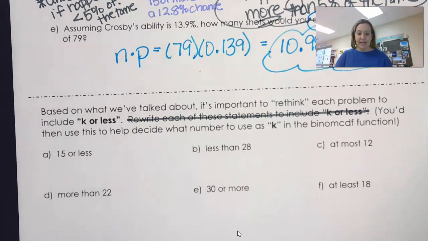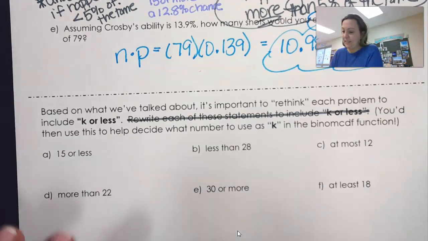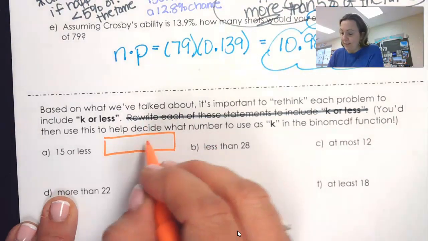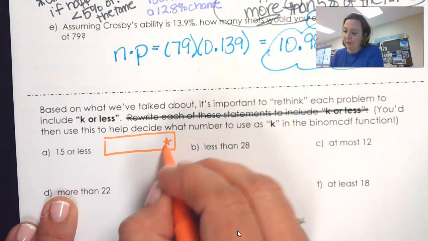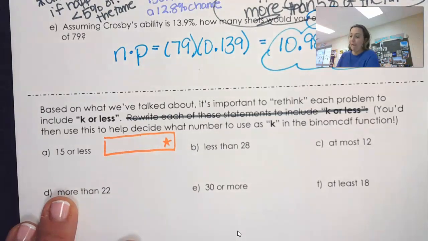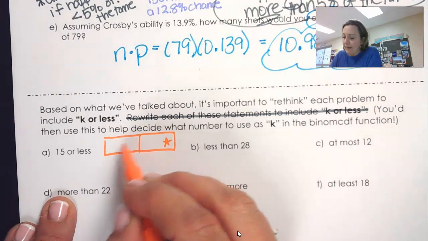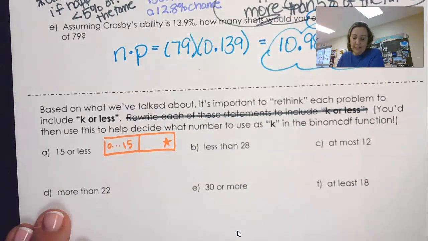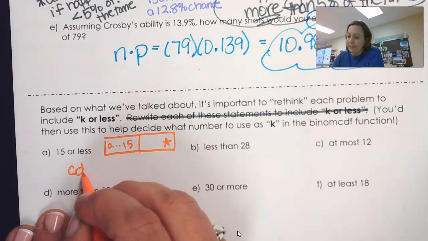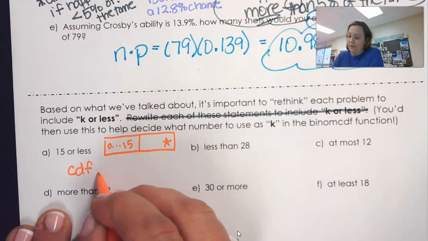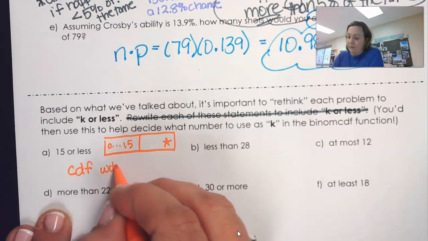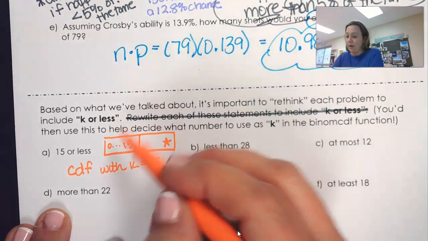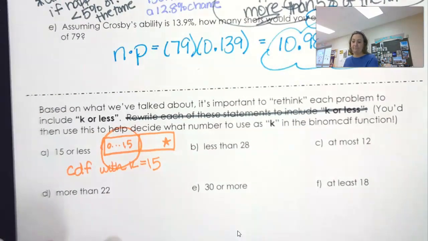So here, if I have 15 or less, then that means we have some arbitrary number up here. It doesn't tell us our total. But what we want is everything from 0 all the way up to 15. And so what that means is that we would use the CDF with basically that last K value of 15, because I would want everything from 0 to 15.